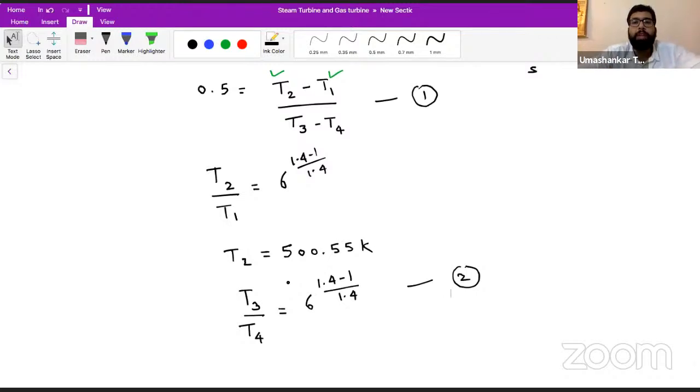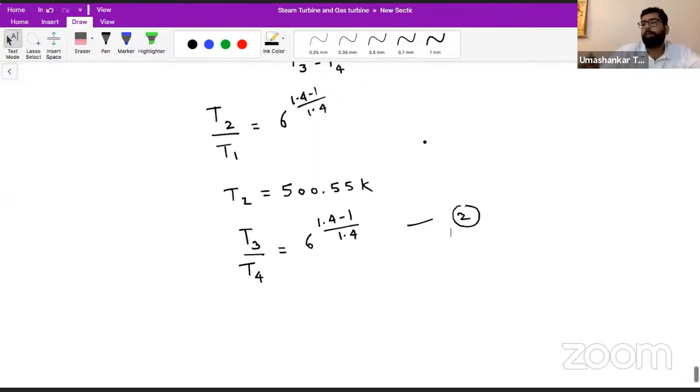Being an engineer, we must have this idea that whenever there are two variables and we have two equations, we can solve them. If you solve these two equations, and I am very certain that all of you can, you will get T3 equal to 1001-somewhat Kelvin.